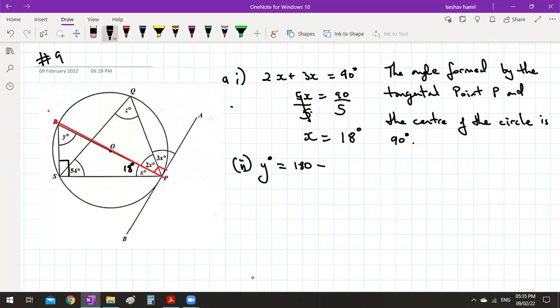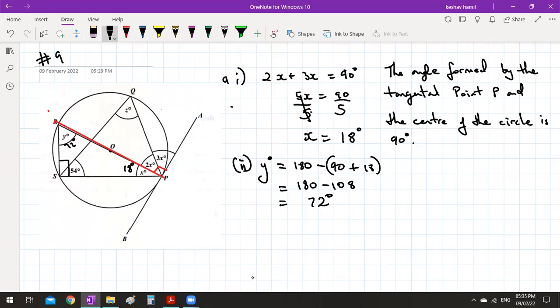So this is 90 degrees, plus this is 18 degrees. So 180 minus 108 is 72 degrees. So this here is 72 degrees.